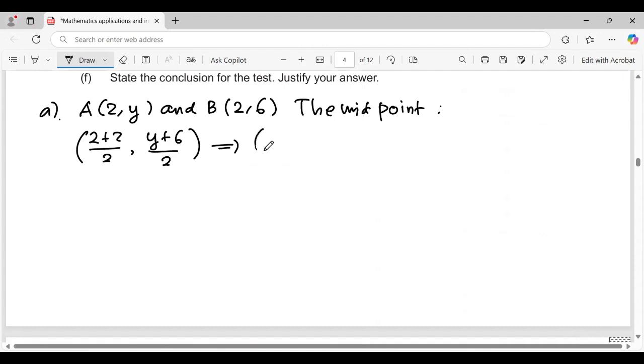And it becomes (2, (y + 6) divided by 2).